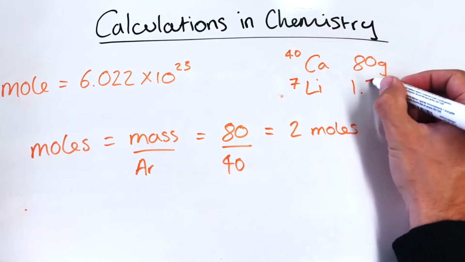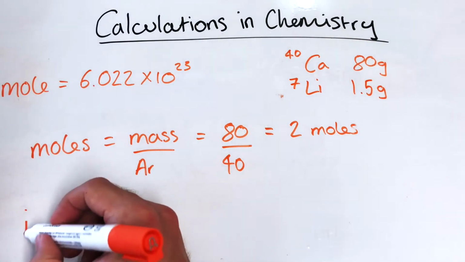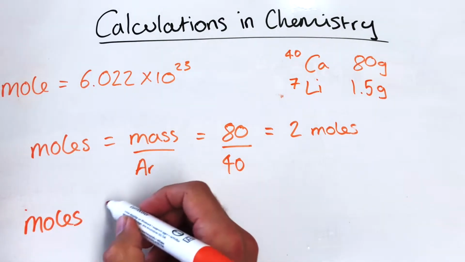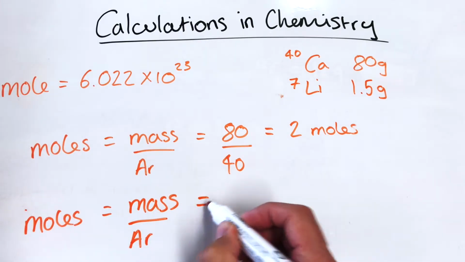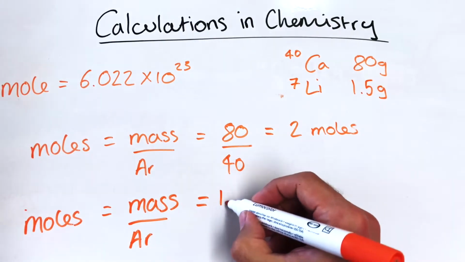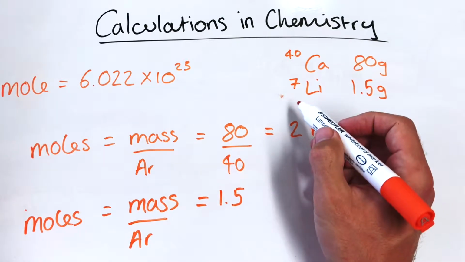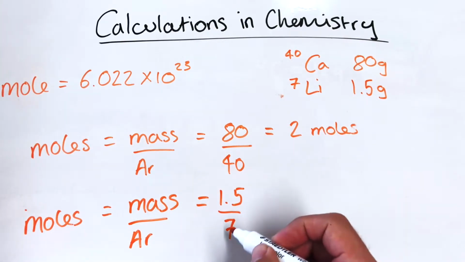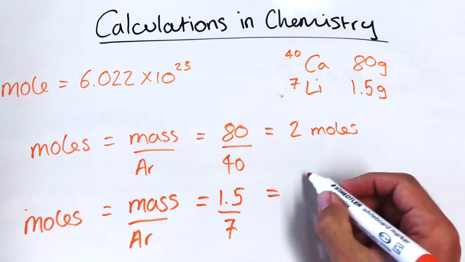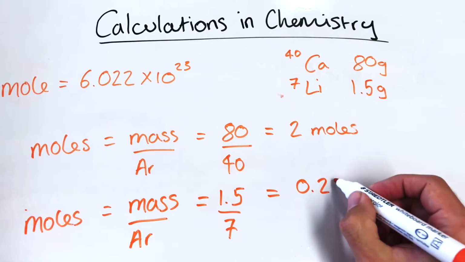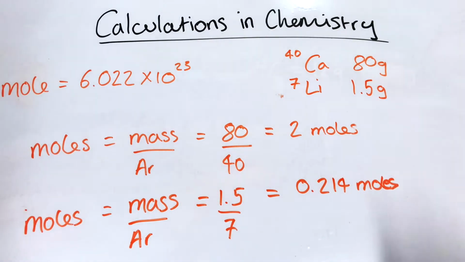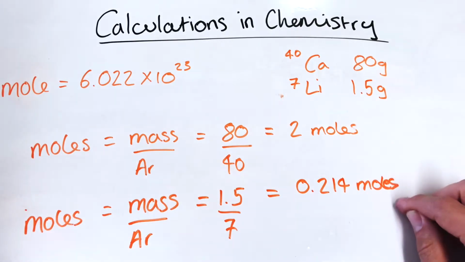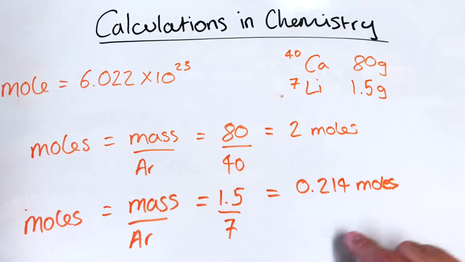So moles is equal to mass divided by relative atomic mass, which is equal to 1.5 divided by the relative atomic mass, and that leaves us with 0.214 moles of lithium. So sometimes you might have more than 1 mole, sometimes you might have less than 1 mole, but that's a very simple calculation just for working out basic moles in chemistry.